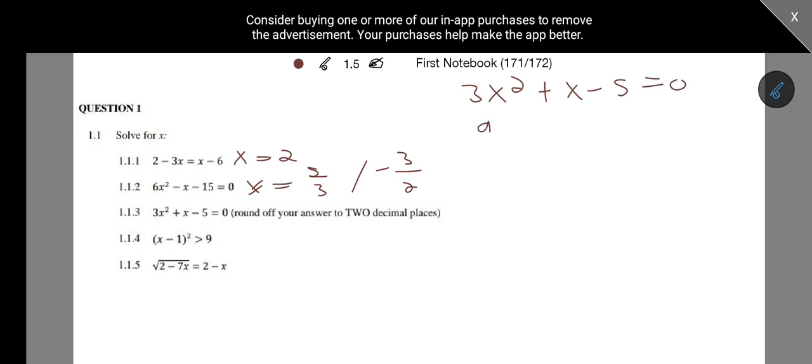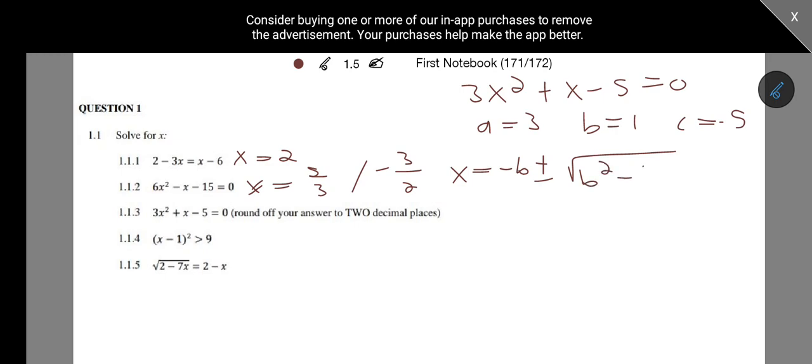So our value of a here is equal to 3, b is equal to 1, and c is equal to minus 5. So the quadratic formula says that x is equal to negative b plus or minus the square root of b squared minus 4ac, over 2a.